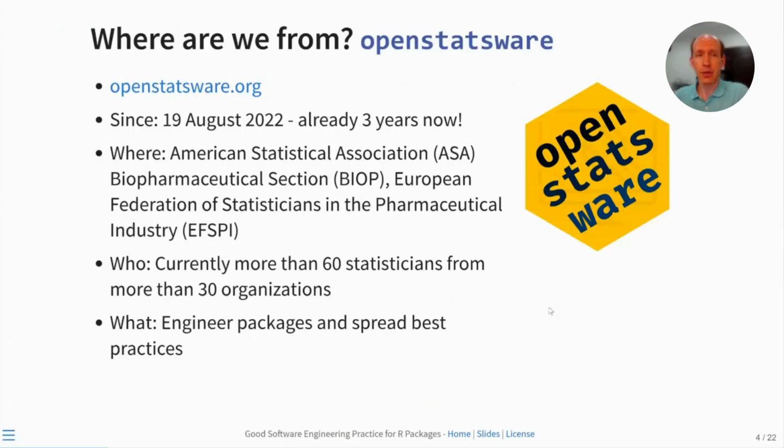We are more than 60 statisticians from more than 30 organizations. The goal is to engineer R packages and other software packages together, and also to spread the best practices for engineering those packages. And the second objective is the topic of today.